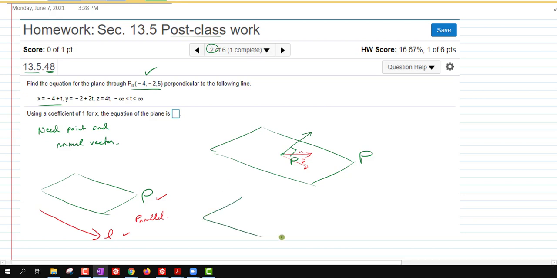Or maybe we've got a plane like this, and then a line that passes through the plane, like this, in which case we would say that the line and the plane were skew to one another. But neither of those is what we're told. We're told that our line is perpendicular to our plane.